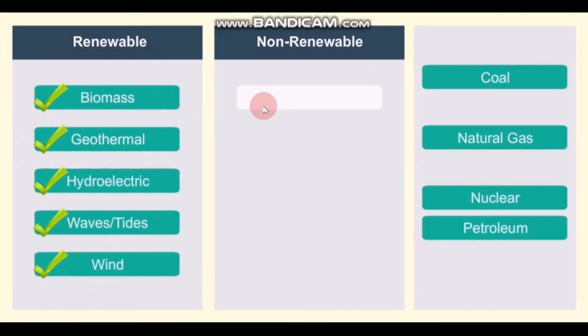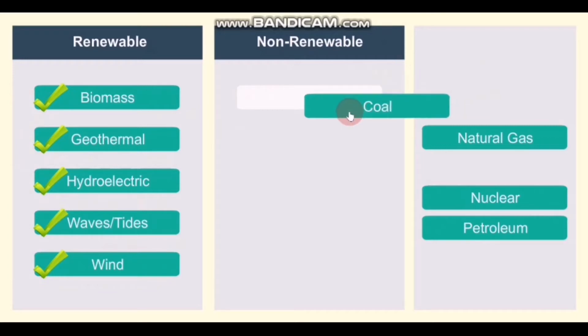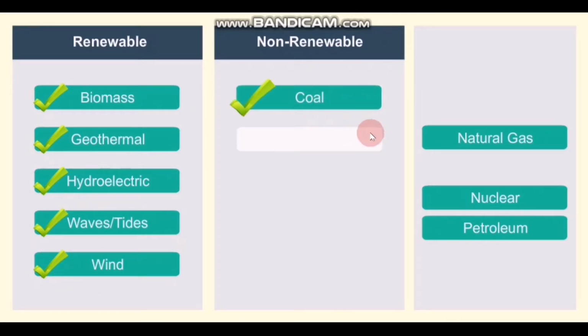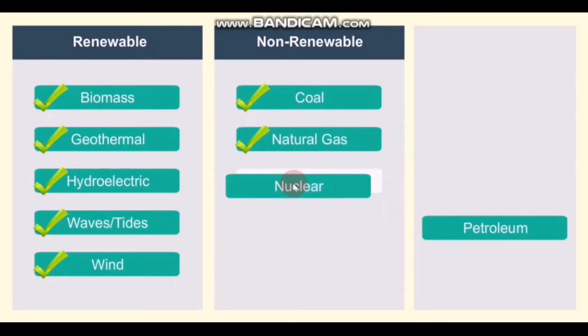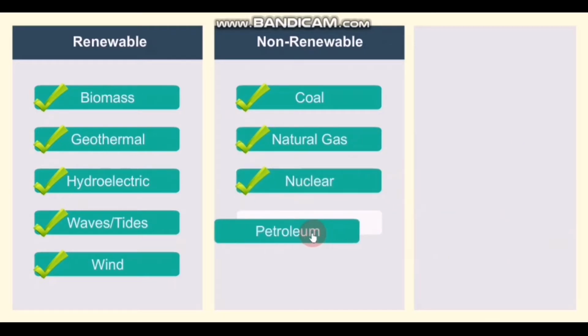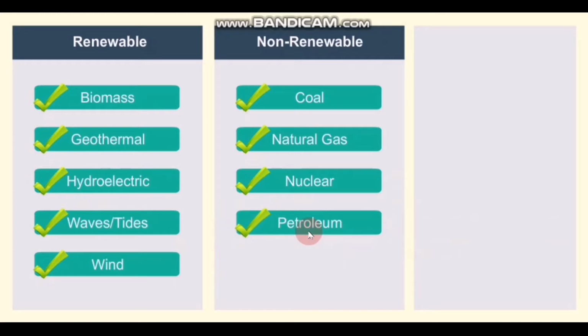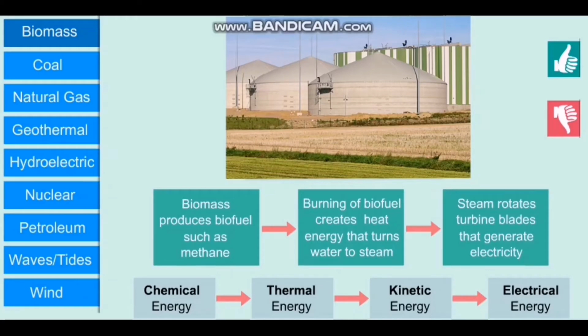While the non-renewable energy sources consist of coal, natural gas, nuclear energy, and petroleum. Okay? So we have completed the table for renewable and non-renewable energy. Alright, so we have categorized the energy sources into renewable and non-renewable energy.